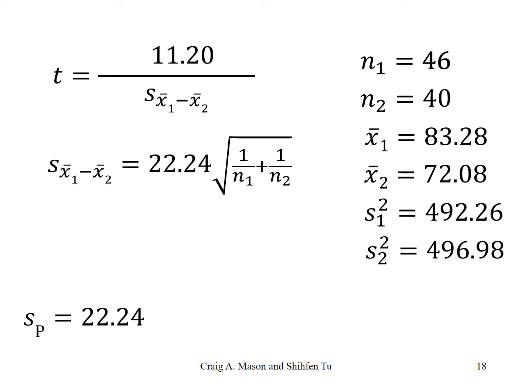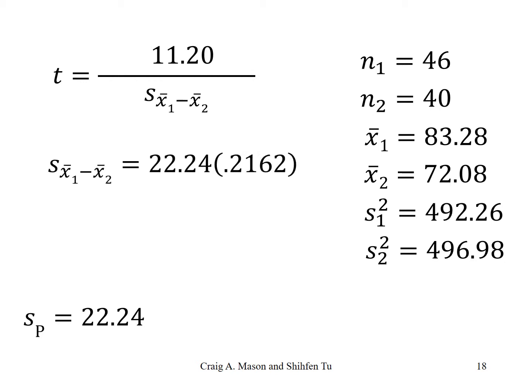We plug in 46 for n1 and 40 for n2, and we solve for those two fractions, and we get the standard error of the difference in means is equal to 22.24 times the square root of 0.04674 within rounding.